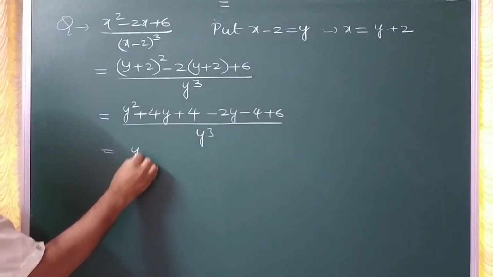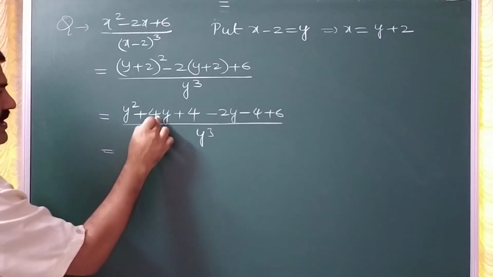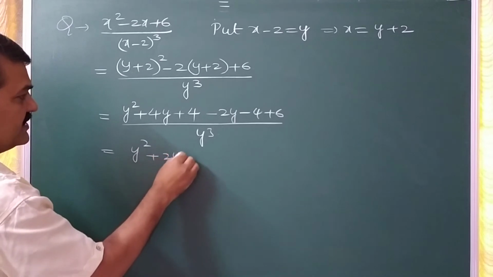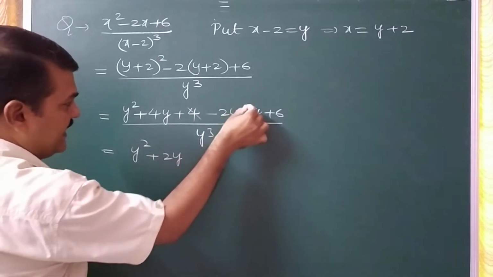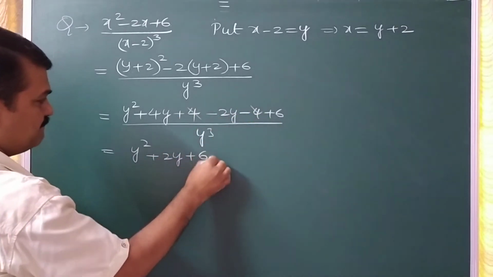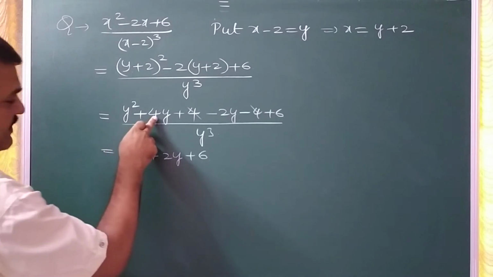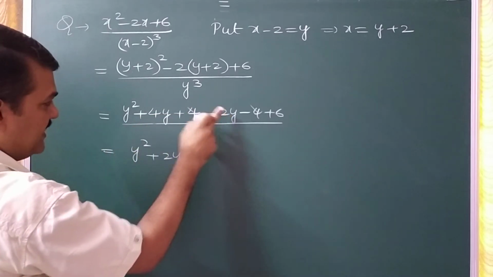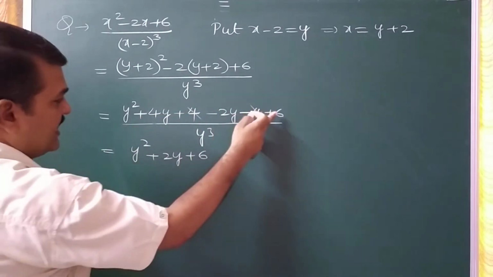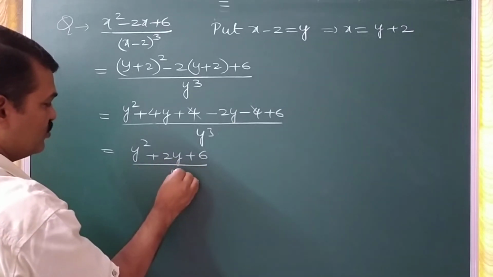If you simplify, you get y square plus 4y plus 4 minus 2y minus 4 plus 6, so the 4 cancels. 4y minus 2y is plus 2y, and plus 6, by y cube.